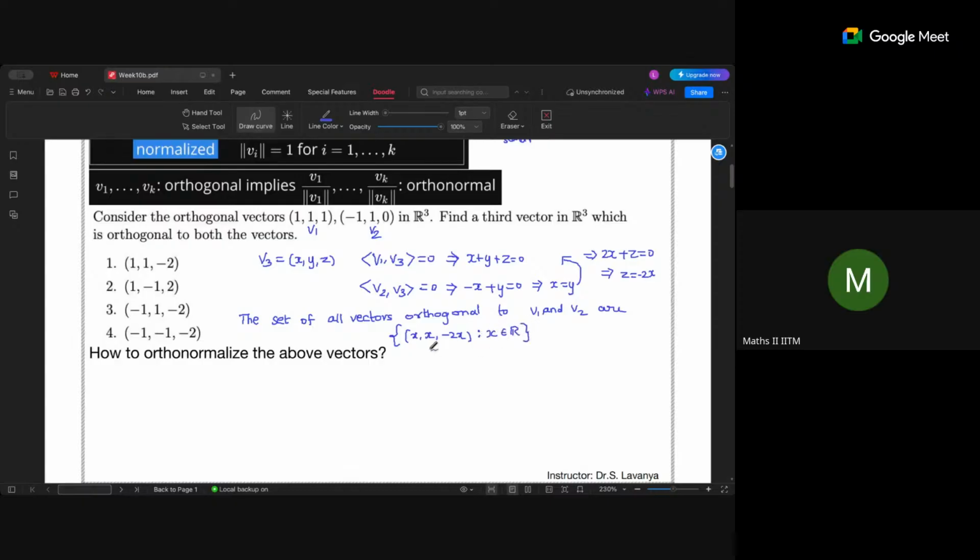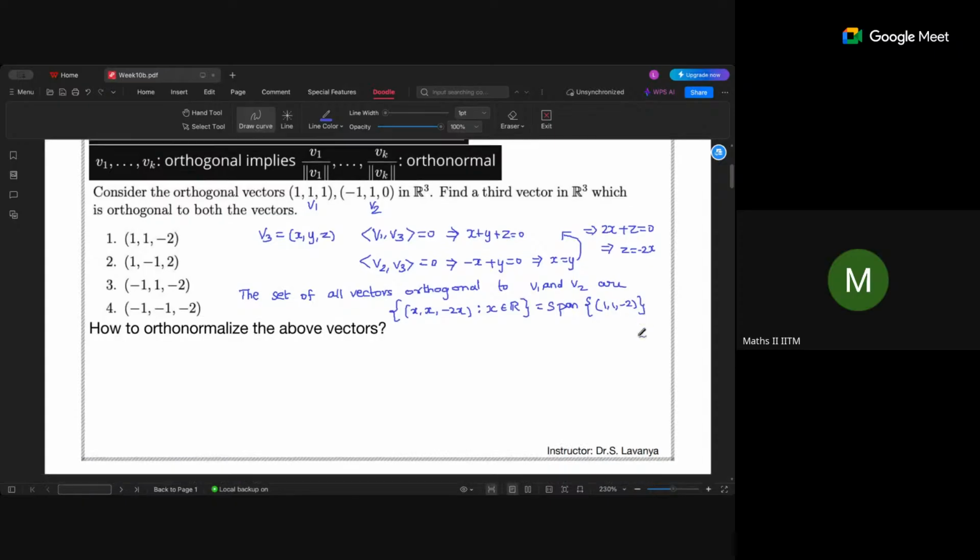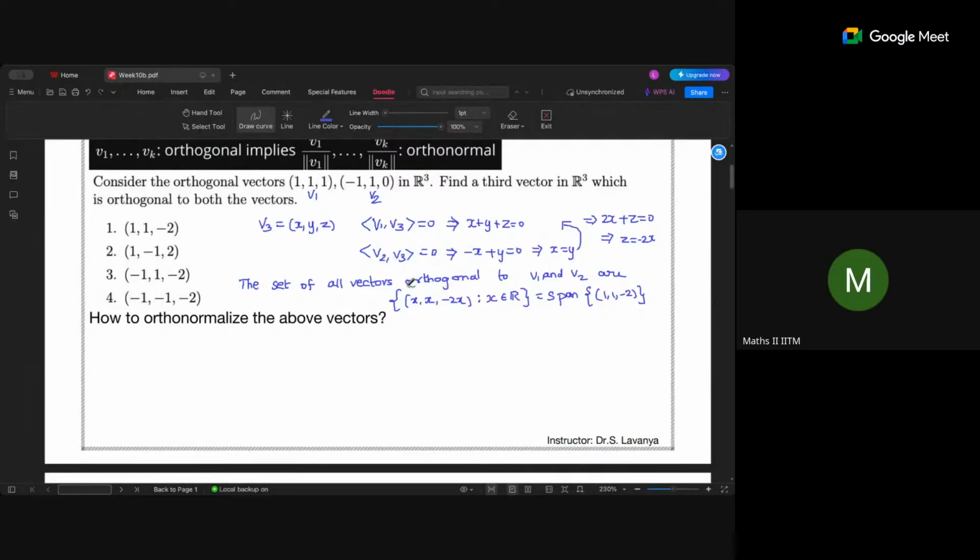Can you pick a basis element for this? (1, 1, -2). Yes. So you can have it as the span of (1, 1, -2). Okay, fine. Let's now call this vector V3.